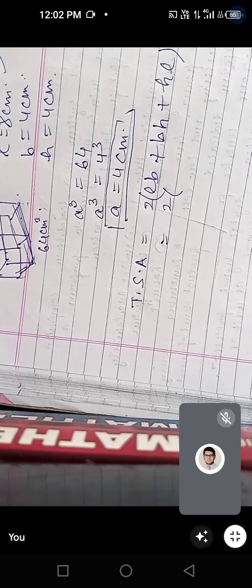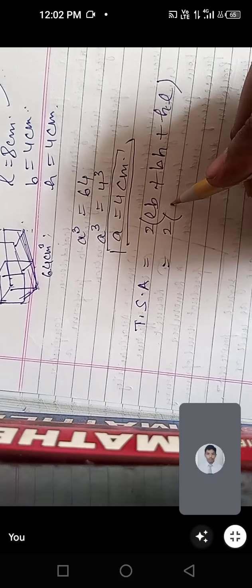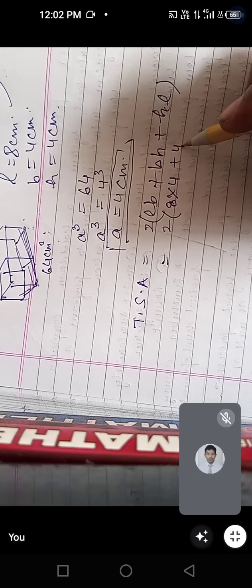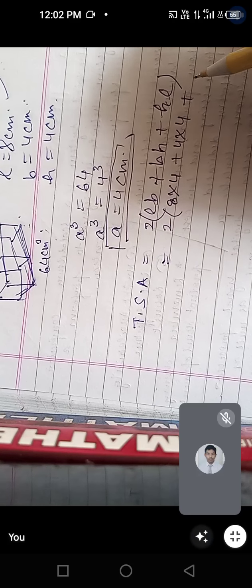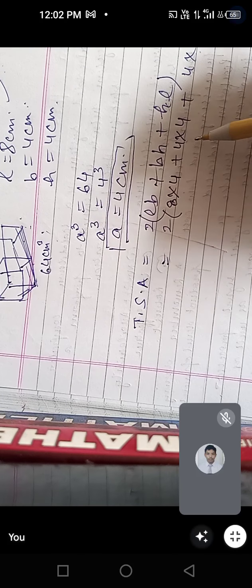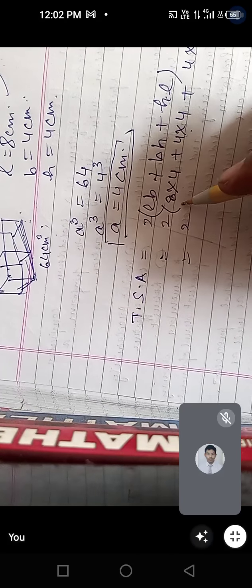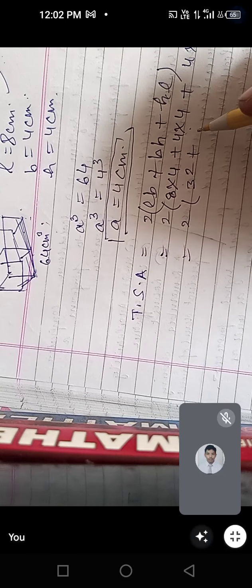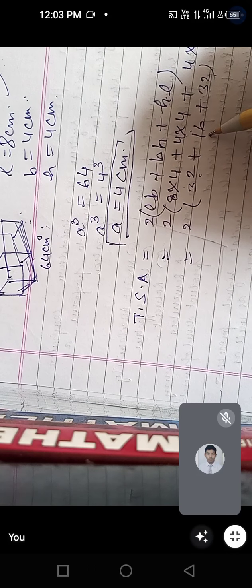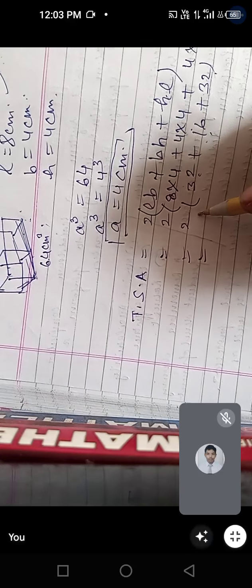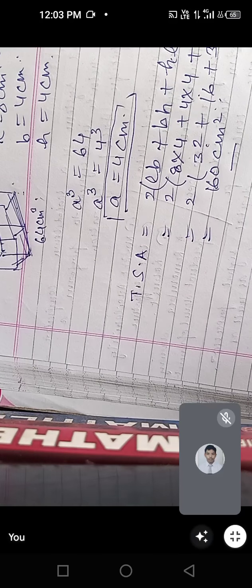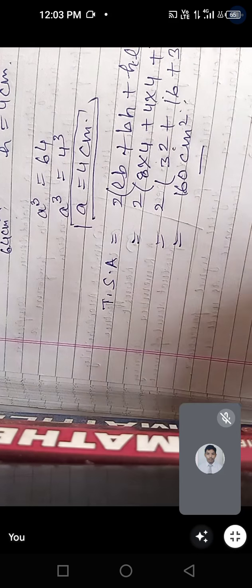What is the length? 8 into 4 plus breadth into height, 4 into 4, plus height into length, 4 into 8. 32, 32, and this is 16. 2 into (32 plus 16 plus 32). 32, 32, 64. 64 plus 16, 80. 80 into 2, 160. 160 cm². So this is the total value of this.